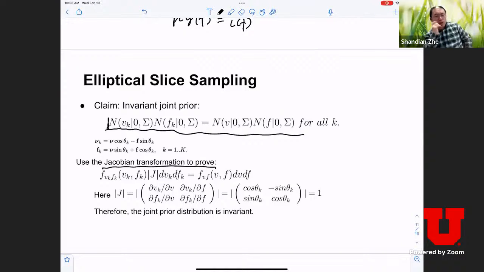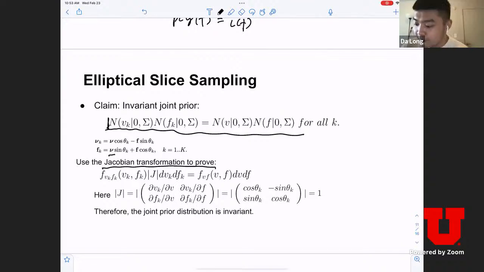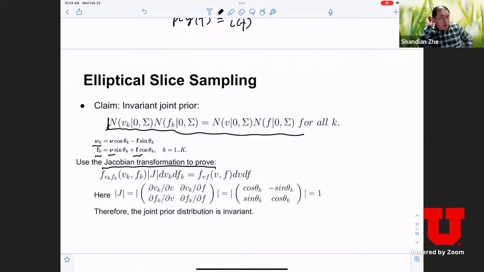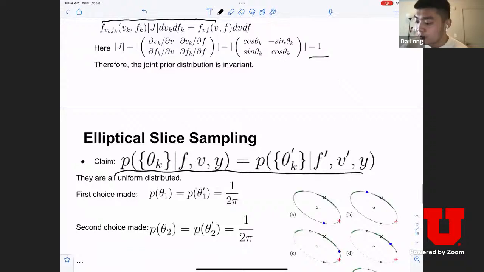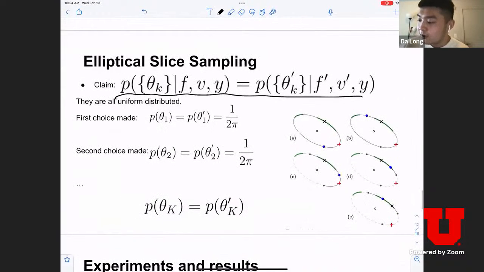V and f are random variables, and V k and f k are functions of V and f. So this is a shear transformation. So these are equal. Also, you can prove this equation is equal because all the theta are just uniform distributions.